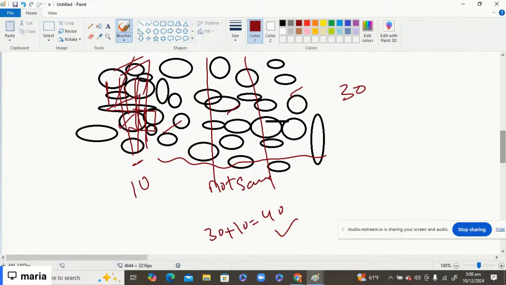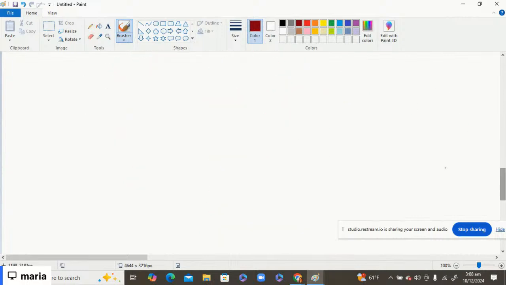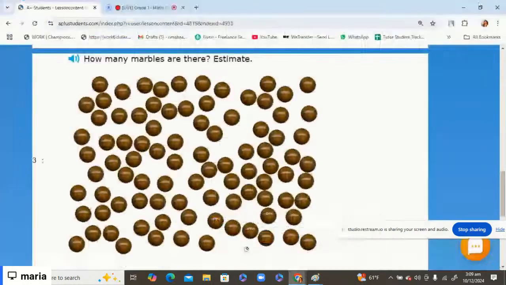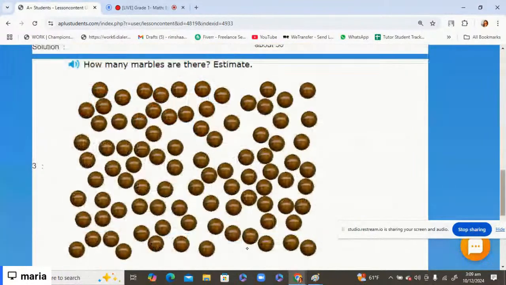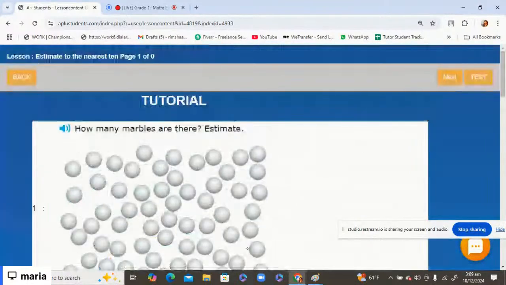In this way, you are just going to estimate. So that is the estimation. You estimate the portions one by one, all of the portions. You check how much the first portion is, like if it's 10, then you can check the remaining one.